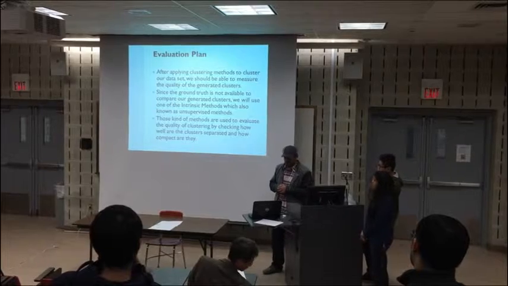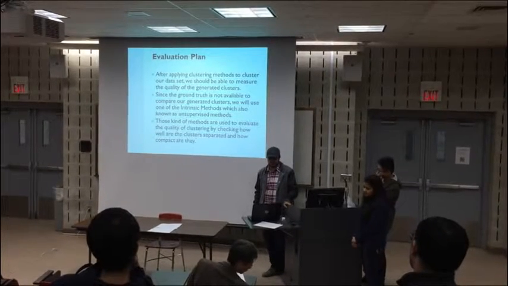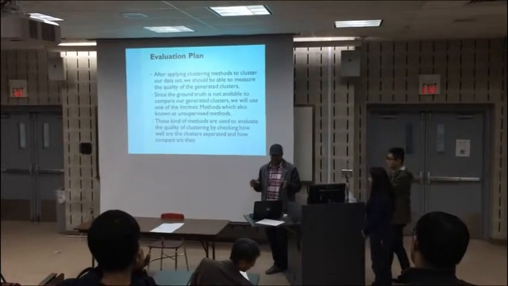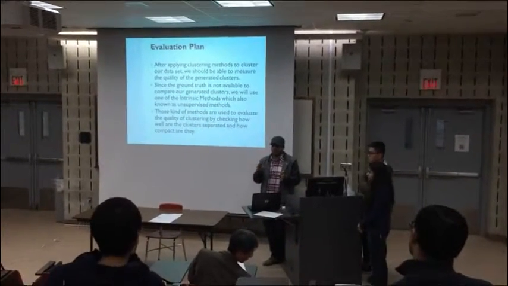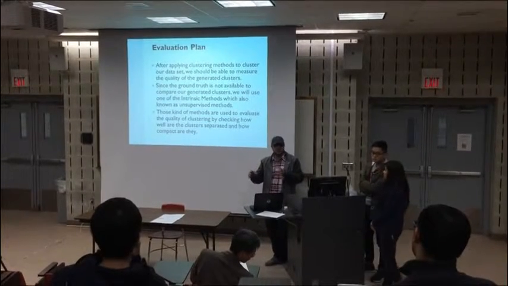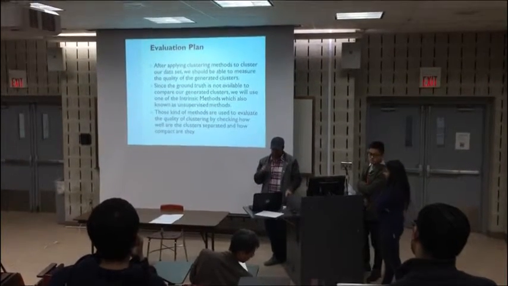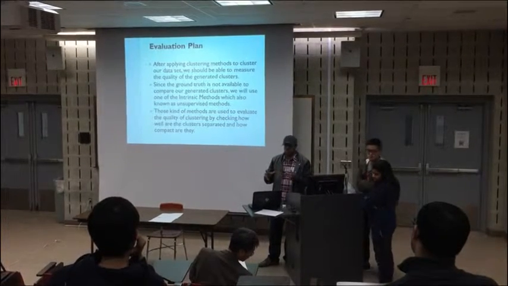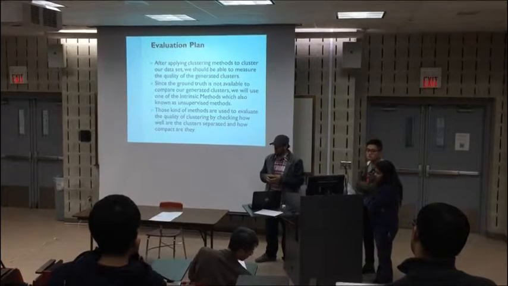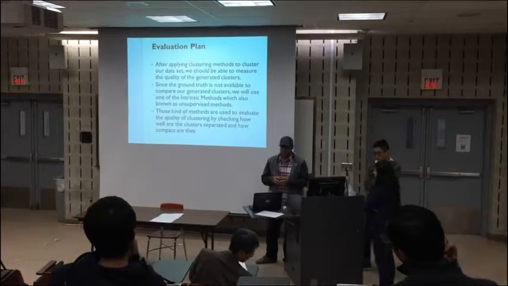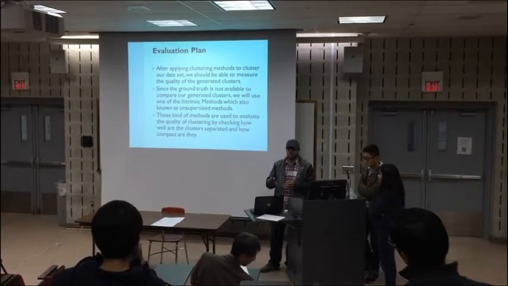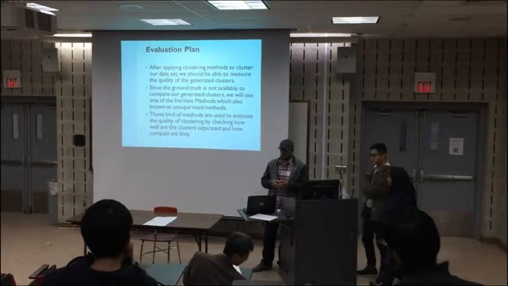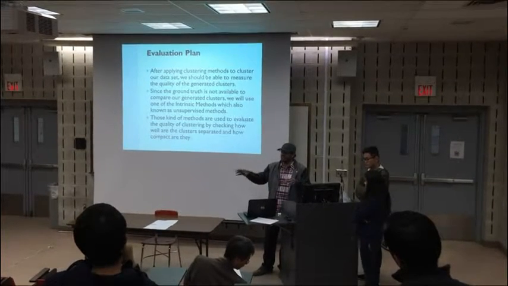This method includes 4 steps. One of them is to compute the average distance between any object in a specific cluster and the other objects in the same cluster, and this is used to measure how compact the cluster itself is. Another step is to compute the average distance between any object and the other clusters, and this is used to measure how separated the clusters are.